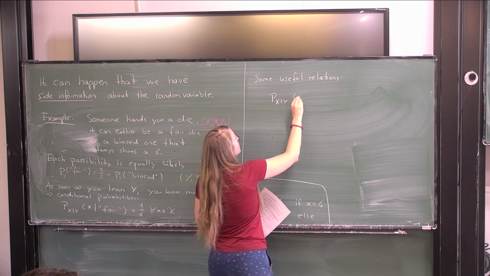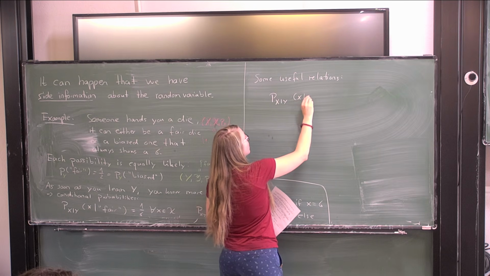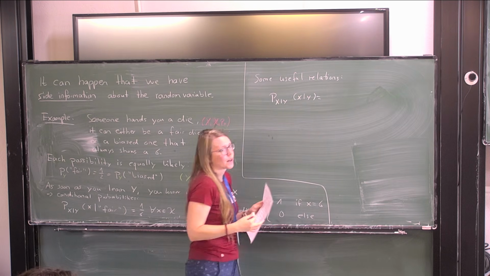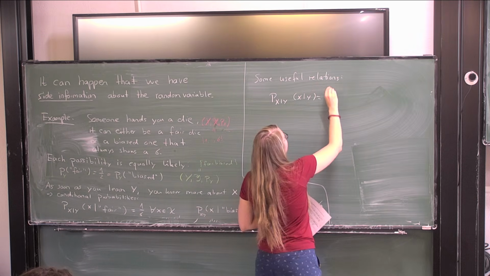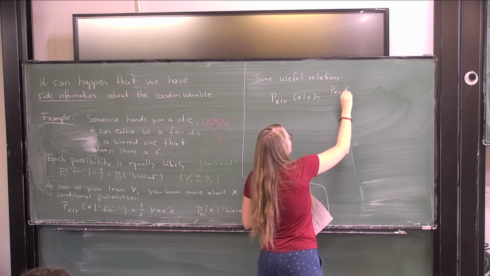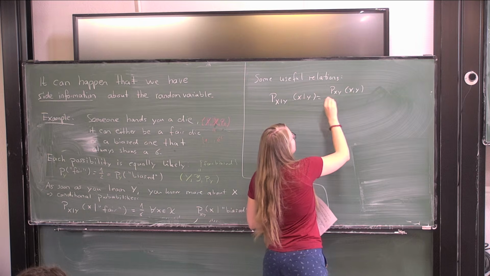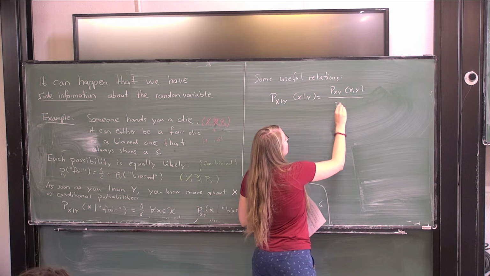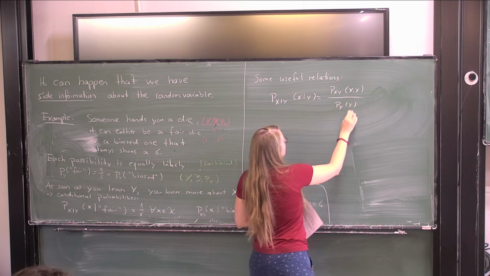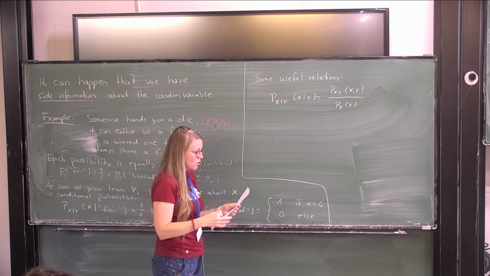The conditional probability distribution, I can also get it from the joint probability distribution divided by the marginal probability distribution of the thing that I'm conditioning on.